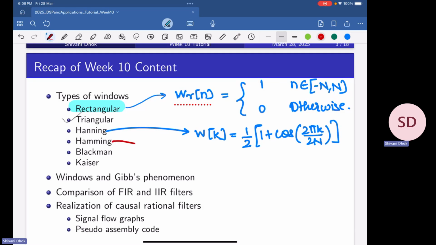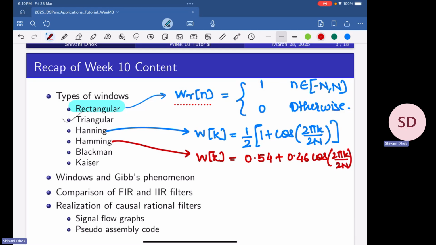Then we have the Hamming window, where W of k is equal to 0.54 plus 0.46 into cos of 2 pi k by 2N.